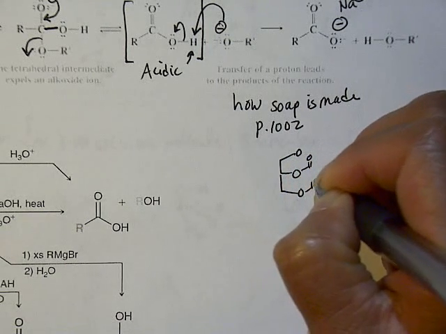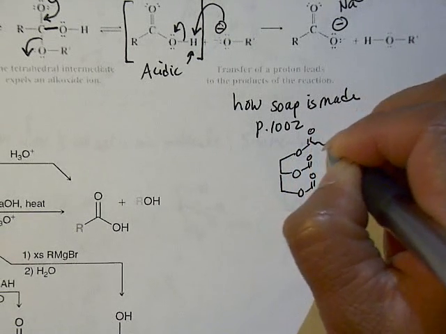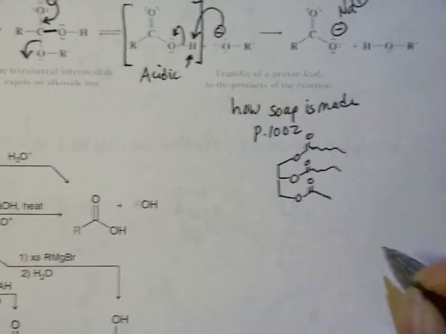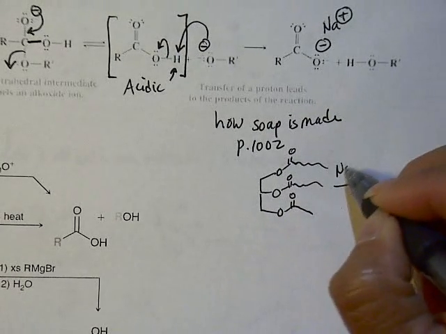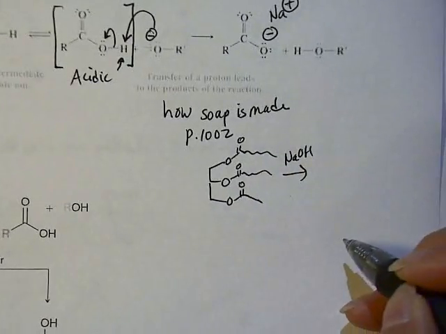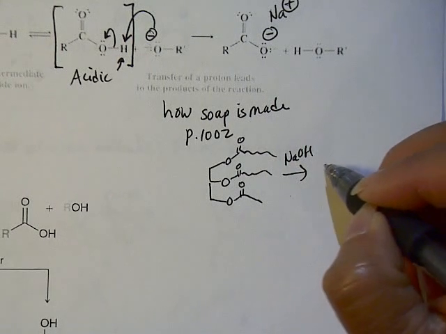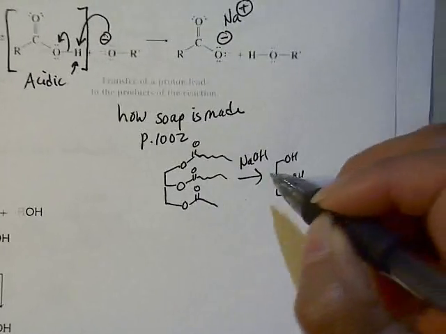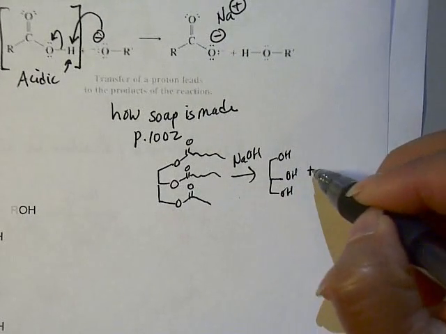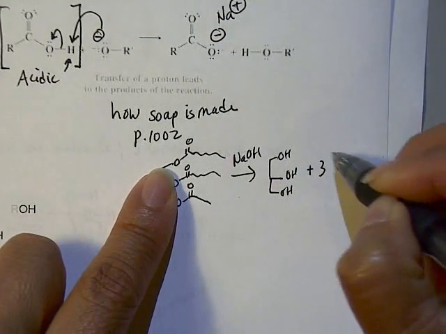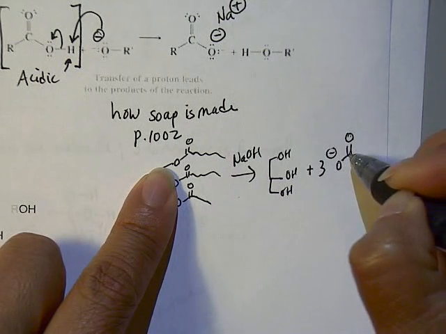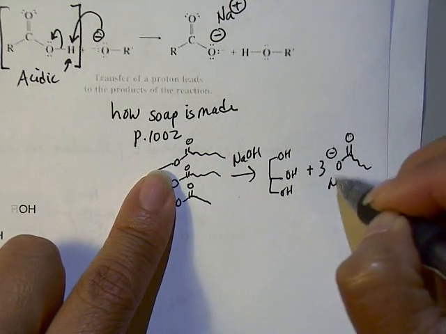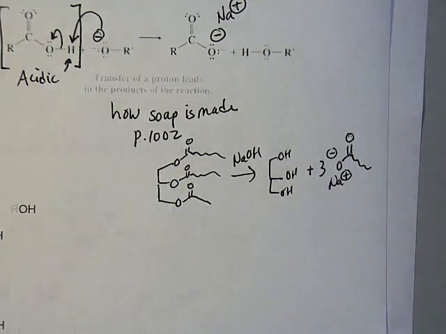Remember, fat is basically a triester. And you're doing a saponification reaction with either sodium hydroxide or potassium hydroxide. And what you're getting out is the glycerol as the byproduct, but you have 3 molecules of fatty acid salt. All right?